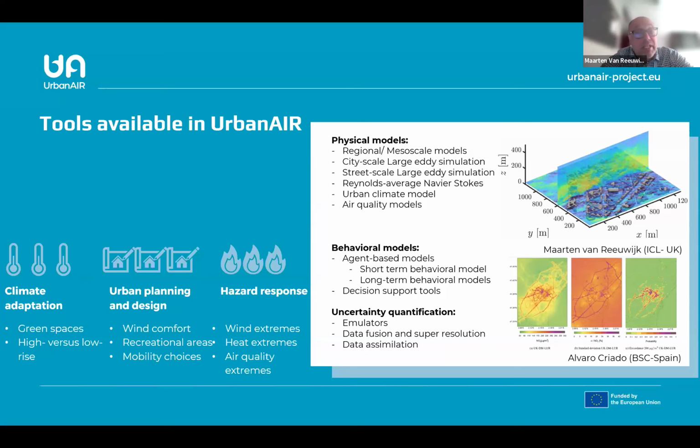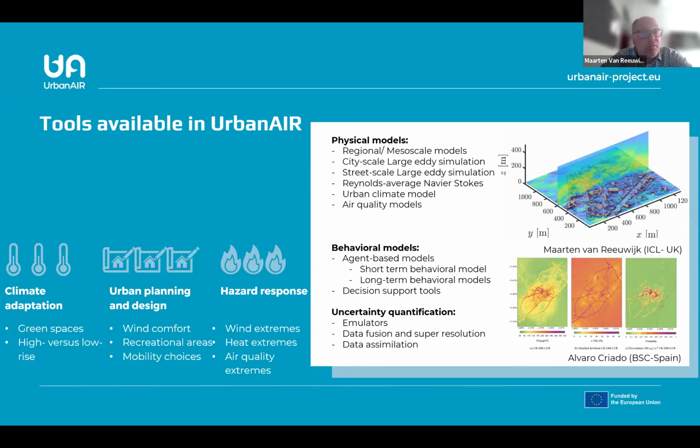But then we will downscale further, because a lot of the climate and air quality problems are really local, so they require meter scale resolutions. We've got city scale large eddy simulation tools, which will operate at about 20 to 100 meters. Street scale large eddy simulation and Reynolds-averaged Navier-Stokes models create predictions at around 1 meter resolution.